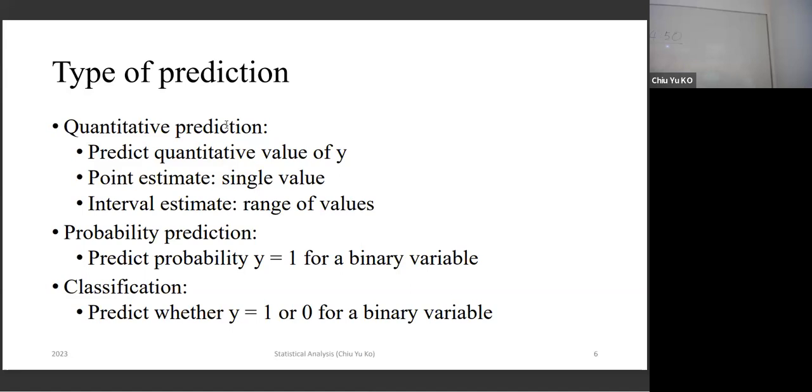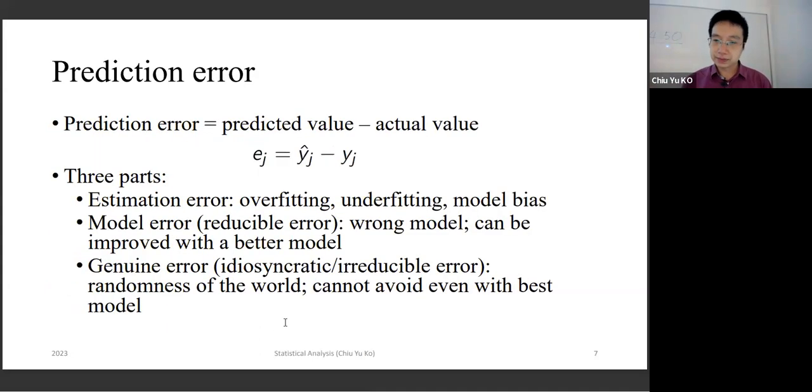I don't care. Give me 1 or 0. That's called classification. Maybe we covered some of this. I'm not entirely sure, but this is one of the very important machine learning ways: to predict 0 or 1 directly.